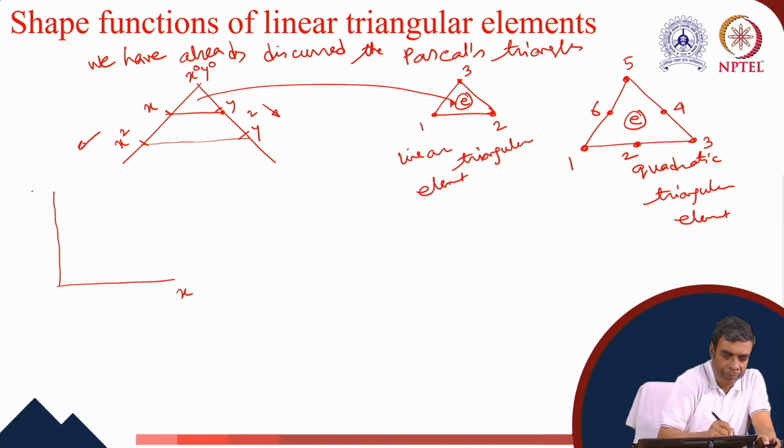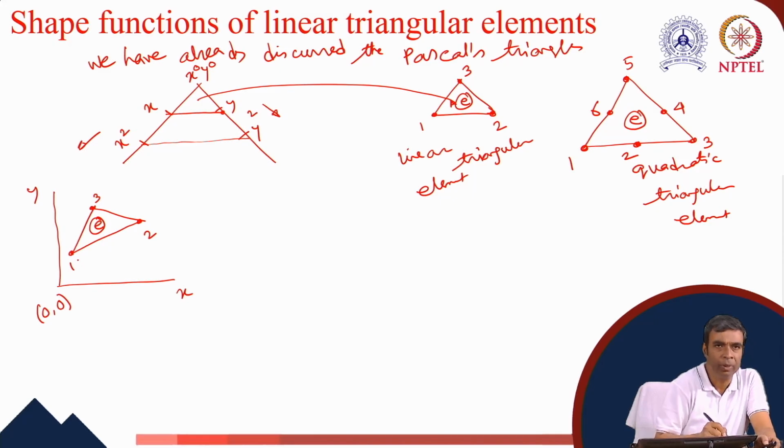So in the xy plane, we consider an arbitrary linear triangular element E with local nodes 1, 2 and 3. So this is the origin of the global coordinate system. So global coordinates of nodes are identified as x1e, y1e, x2e, y2e and x3e, y3e.